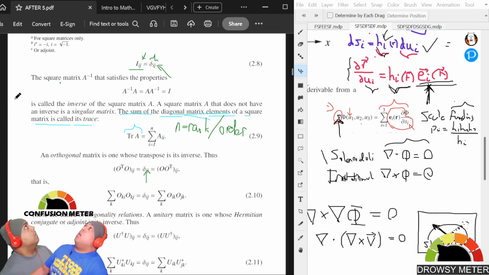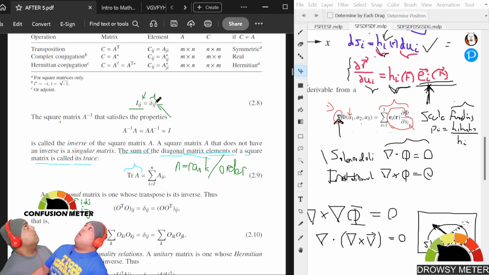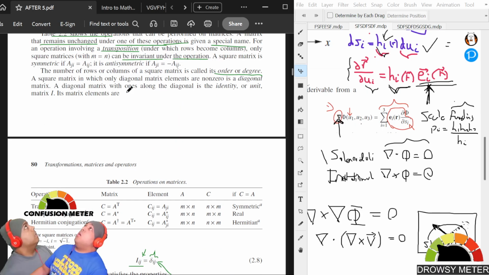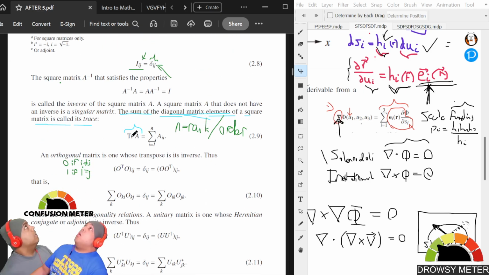Okay, I'll write it to the side: 0 if i is not equal to j, 1 if i equals j. So 1 along the diagonal. Yeah.